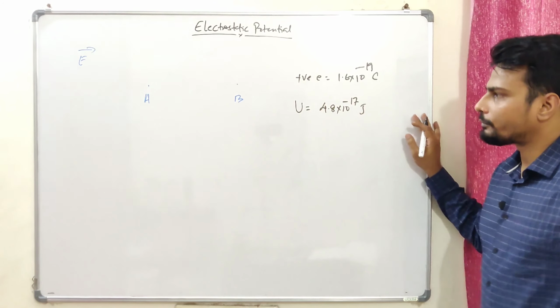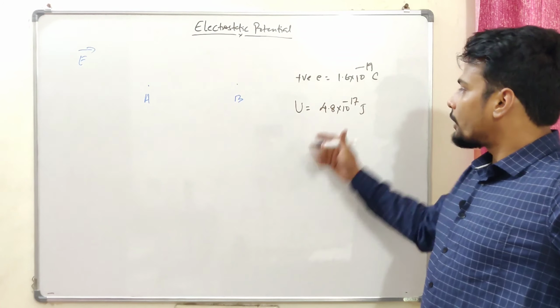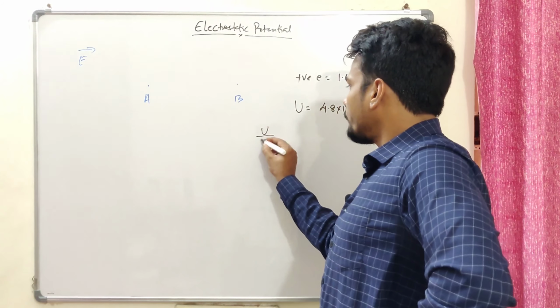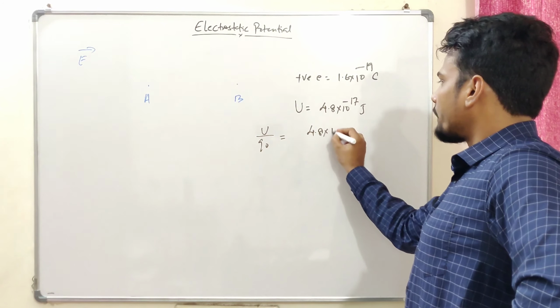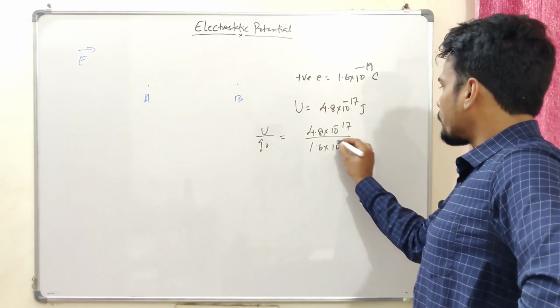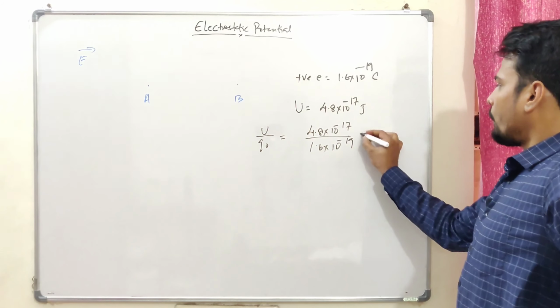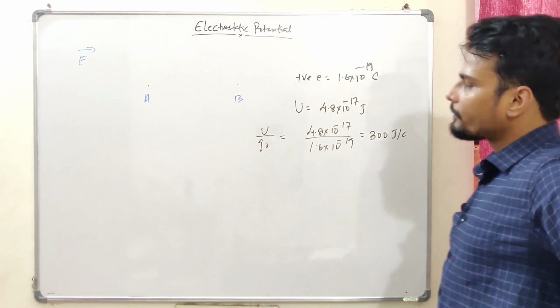Let's assume that. Now, what is going to be the energy per unit charge? Energy per unit charge is going to be 4.8 times 10 to the power of minus 17 over 1.6 times 10 to the power of minus 19. Well, that's going to be 300 joule per coulomb.